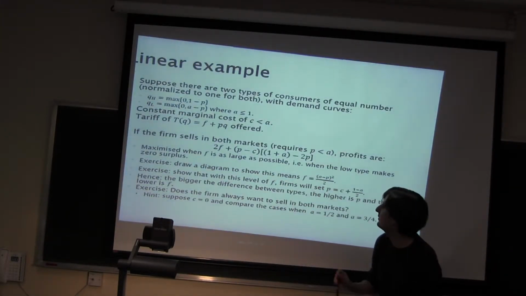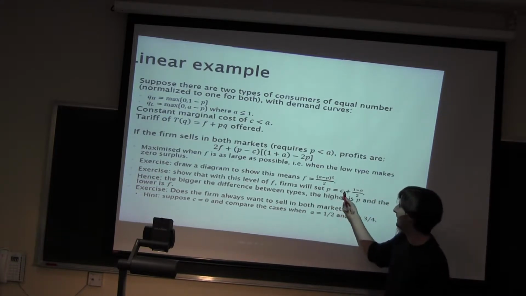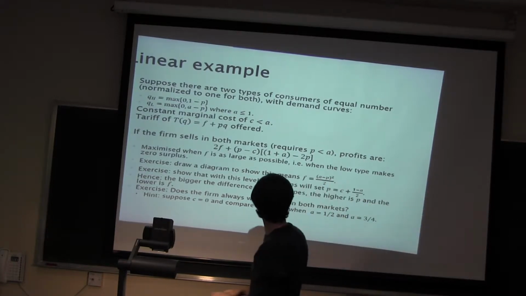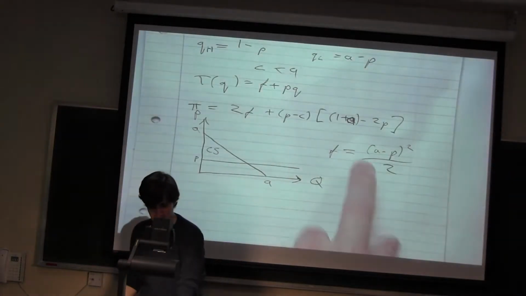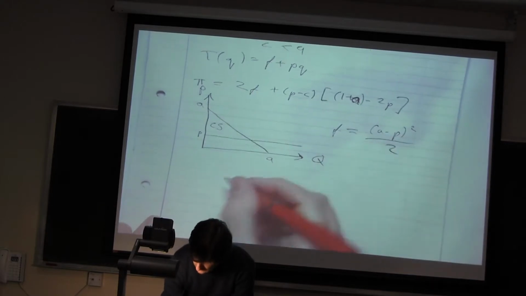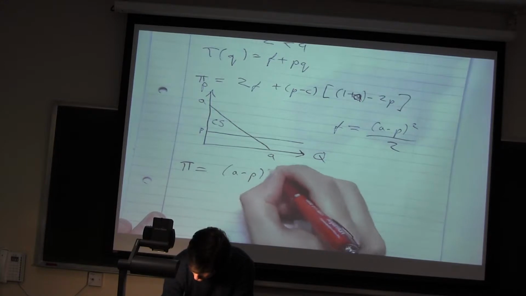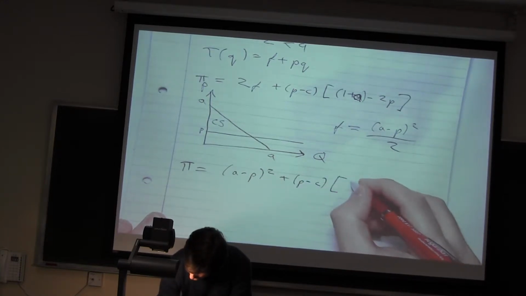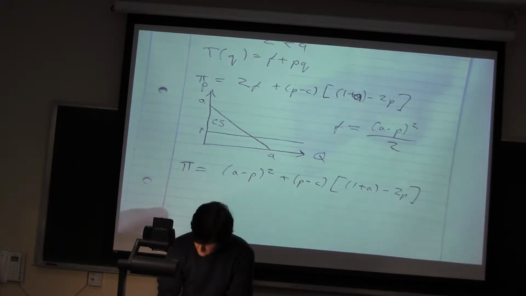So the next thing was to show that with this F, firms are going to set price equal to marginal cost plus a little bit. I suppose what we're going to do is we substitute F into profits and then differentiate. So with that level of F, profits are going to be (A minus P) all squared plus (price minus cost) times (1 plus A minus 2P).